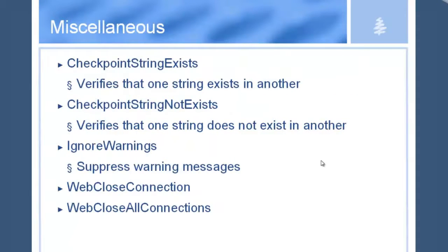There's a couple of other statements that we added as part of this that I want to point out. The first two are two new kinds of checkpoints: checkpoint string exists and checkpoint string not exists. And both of these let you look for a value within a string. So checkpoint string exists lets you say inside this large string, look for this other string, and fail either if it's there or not there, depending on which versions of these two you pick.